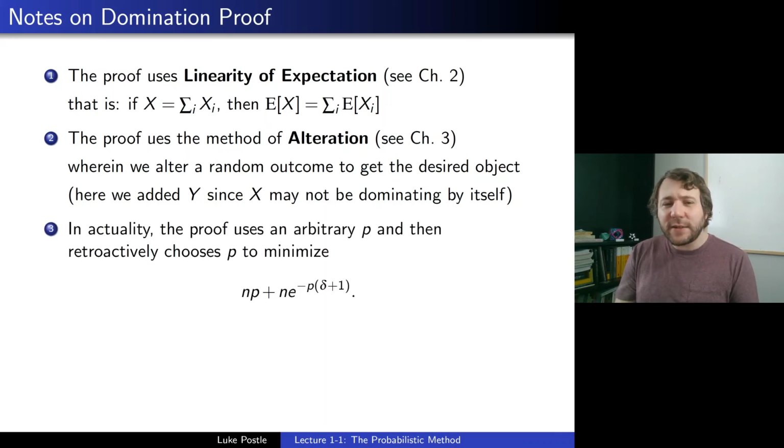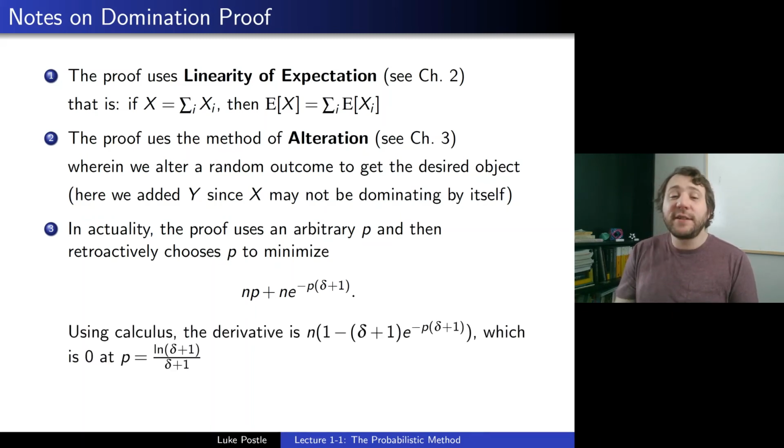Finally, I'd also like to note that in actuality the proof uses an arbitrary p, and then retroactively chooses p to minimize. I presented it as here's this nice value of p that works, but really you can see in the proof that we get this upper bound on the dominating set of the expectation of np plus, with our approximation, n e^(-p(δ+1)).